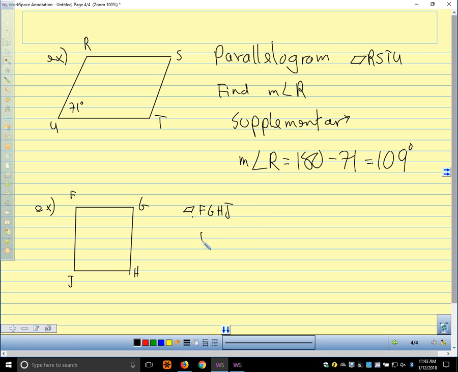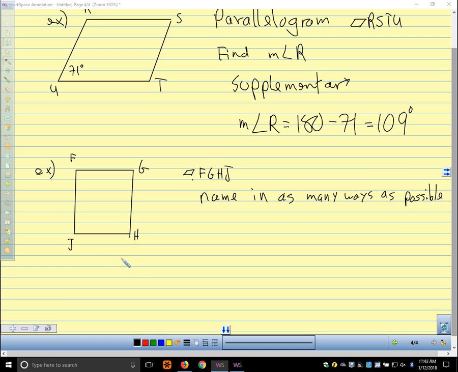We want to name it in as many ways as possible. So the way that your book will ask you to do it is they'll say classify. Classify this quadrilateral. I need to put some more information on here. Those two sides are congruent, and that's a 90-degree angle.